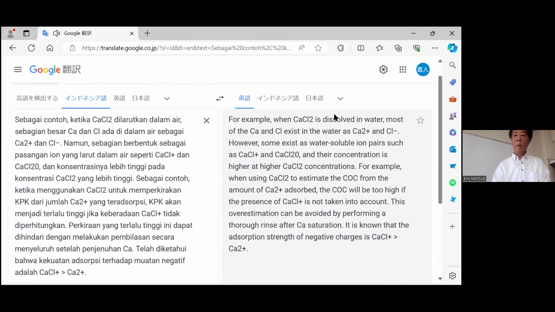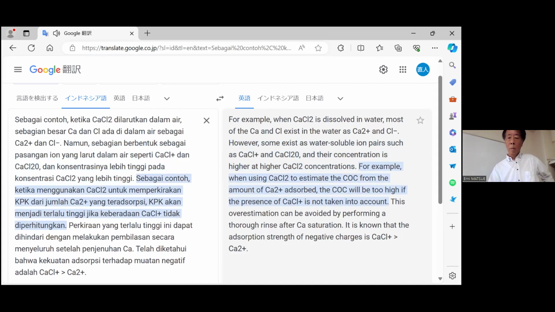For example, when calcium chloride is dissolved in water, most of the Ca and Cl exist in the water as Ca2+ and Cl-. However, some exist as water-soluble ion pairs such as CaCl+ and CaCl2, and their concentration is higher at higher calcium chloride concentrations. For example, when using calcium chloride to estimate the CEC from the amount of Ca2+ adsorbed, the CEC will be too high if the presence of CaCl+ is not taken into account.